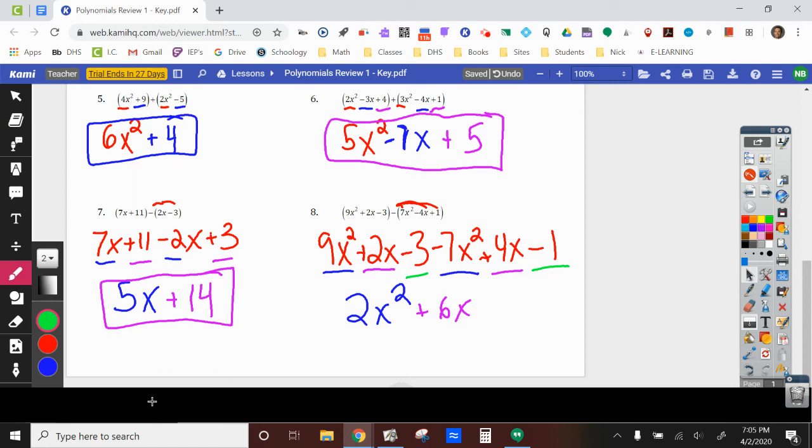We have a negative 3, and we're going to minus 1 more from that. We're going to take away another 1, which makes it more negative, so we're going to have a minus 4. My final simplified solution is going to be 2x squared plus 6x minus 4.